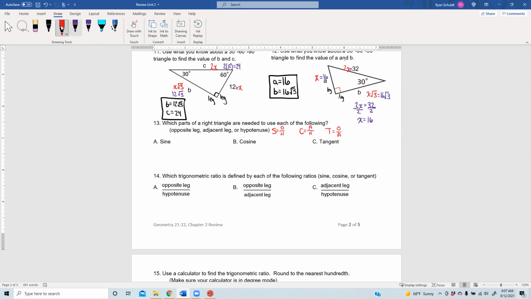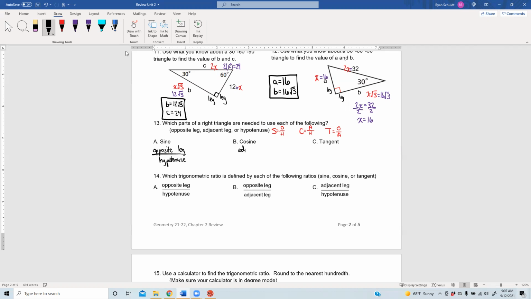So for sine, what do I need? I need the opposite leg over the hypotenuse. For cosine, what do I need?